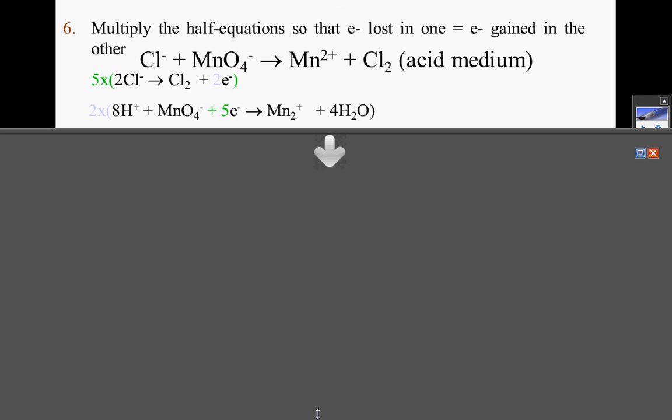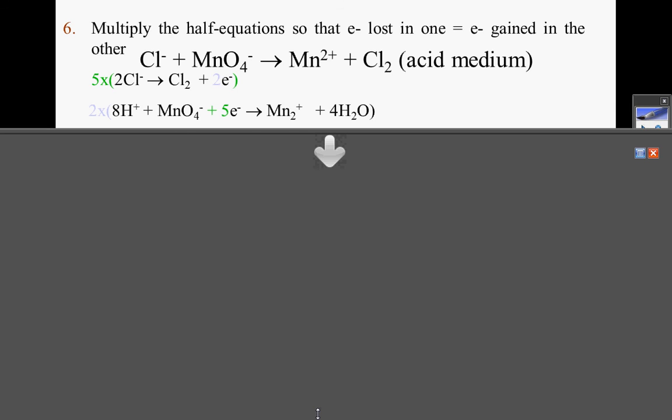All right, I should see an answer. Spency, come on. This is the easy part. 10 Cl minus yields 5 Cl2 plus 10 electrons, 16 hydrogens. Those two should be the easy part. Distribute out the 2. Distribute out the 5. So 5 times 2 is 10 Cl minus.